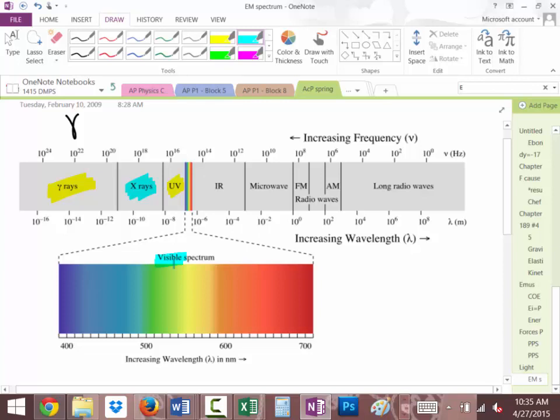After visible then comes, it's labeled IR. What does IR stand for? Infrared. Thank goodness we know that infrared exists because that's how we do a lot of short distance communication. Then we've got another one of our favorite appliances, the microwave.